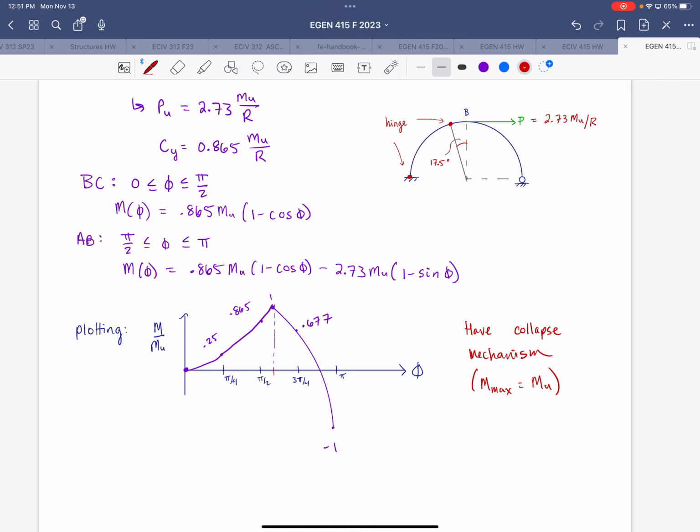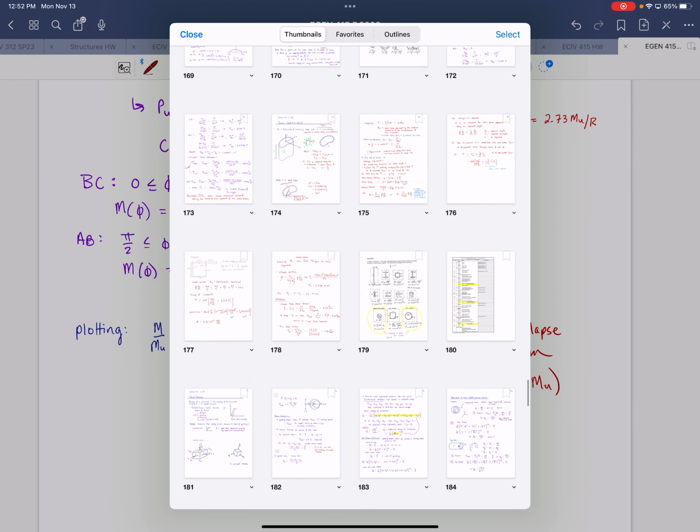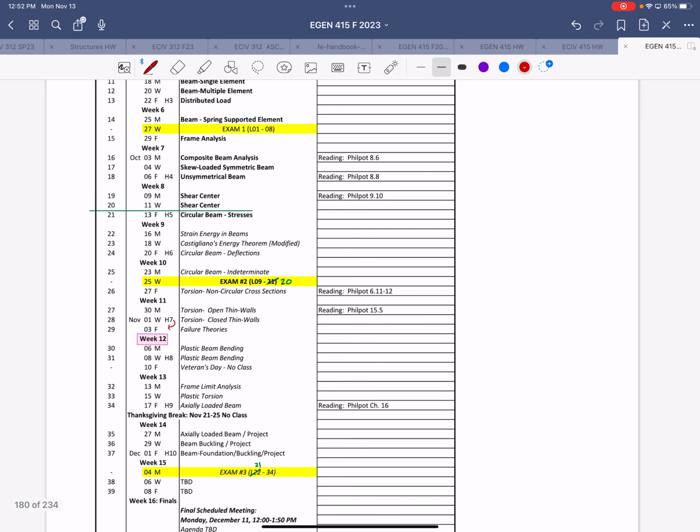Okay. So I know we're out of time. I will be posting a homework assignment today, so keep an eye out for that. It'll be on failure, and collapse mechanisms and stuff. When will that be due? Good question. Let's look at our schedule here.